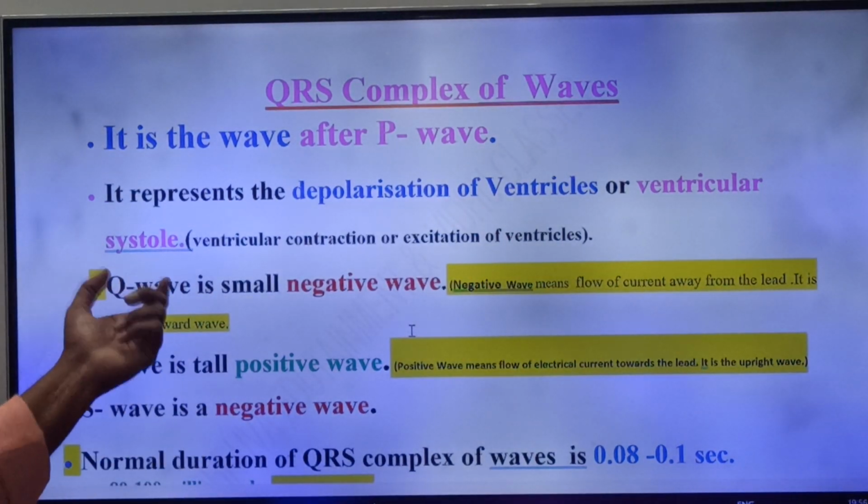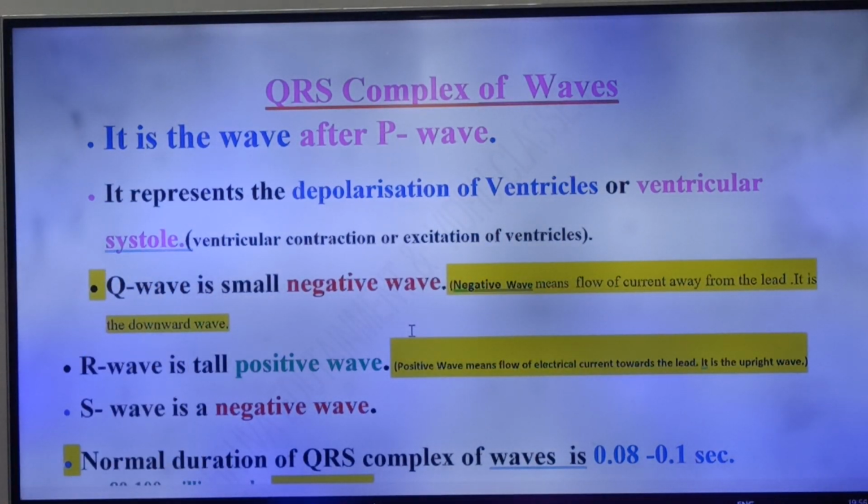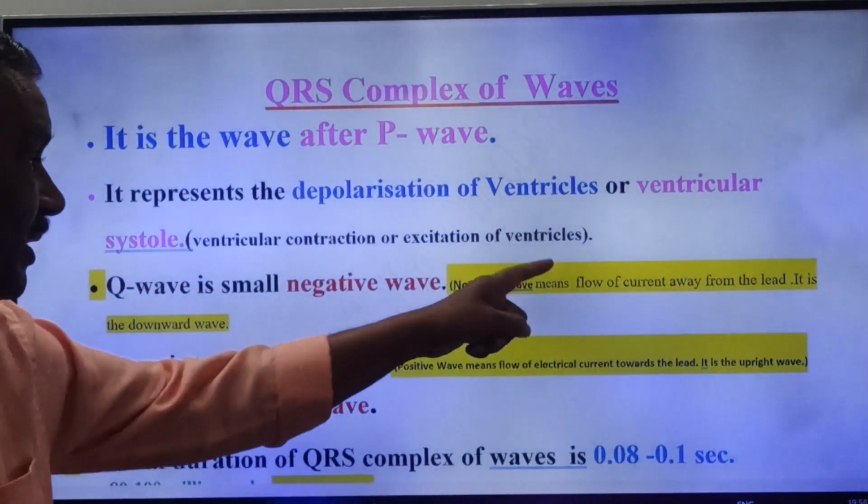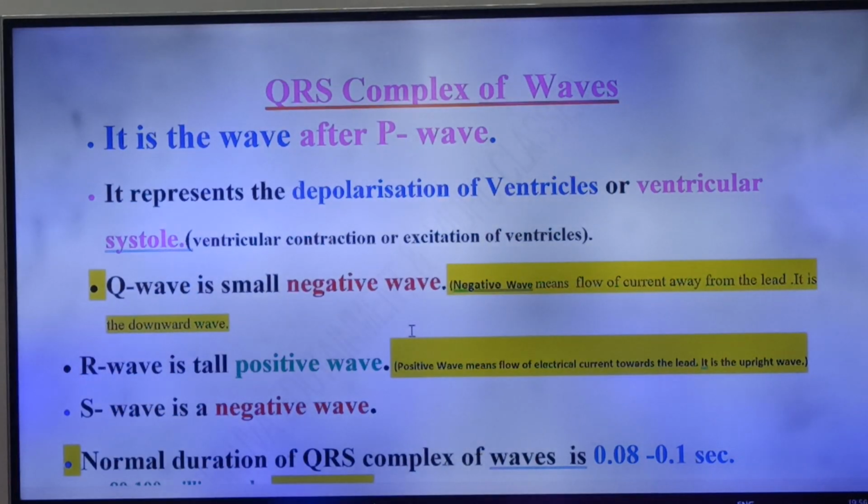Now the Q wave is a small negative wave. Negative wave means what, friends? Flow of current away from the lead. It is the downward wave. Next, the R wave is a tall positive wave, and the S wave is a negative wave.